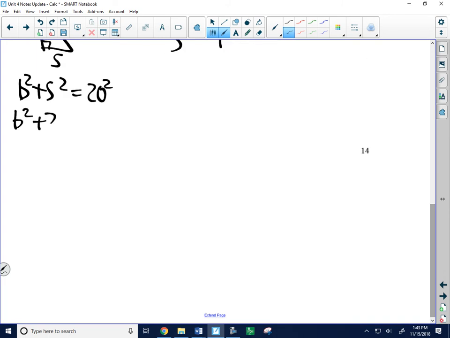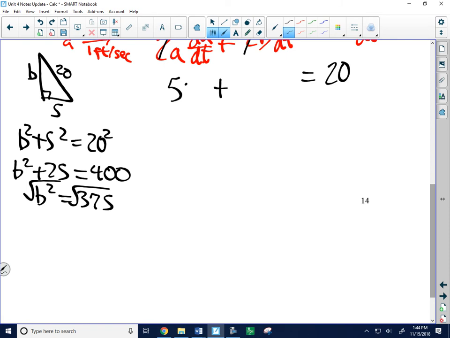So this will be 25. 20 squared is 400. Subtract 25. So I got B squared equals 375. And do a square root. So B will be, we'll just leave it like that, square root of 375.